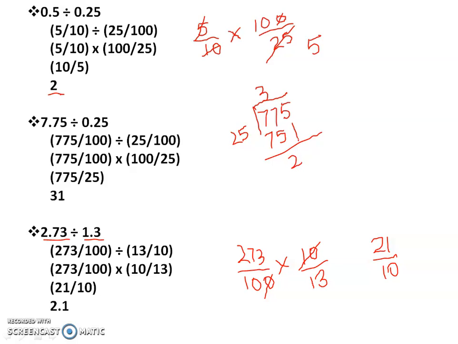This number comes down. So 25. 25 ones are 25. This is usual division. That's why I didn't show you. Now, hope it is clear for you.